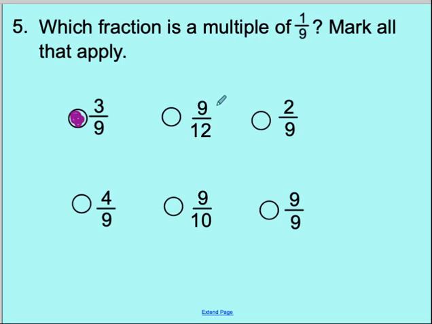This one is 9/12. Well, when I count by a multiple of 1/9, all of the denominators will be 9. So that one's out, and that actually means automatically 9/10 is also out. And 2/9 will be in, 4/9 will be in, 9/9 will be in, because I will say all of those numbers when I count by 1/9.